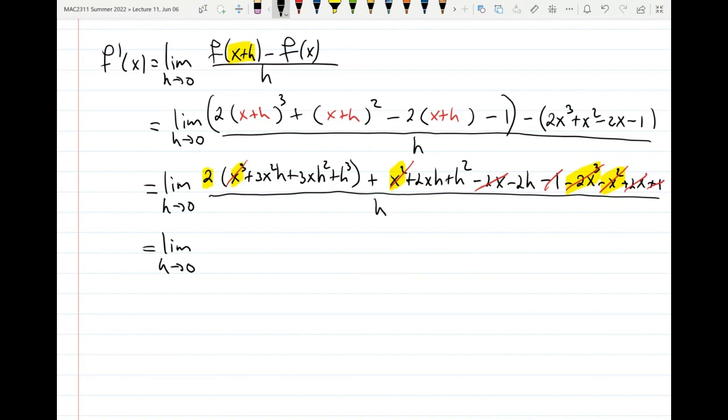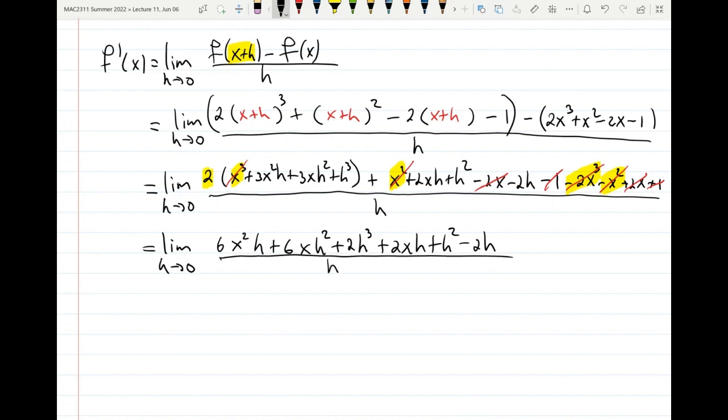After I distribute the 2, I'm going to have 6x squared h plus 6x h squared plus 2h cubed, then plus 2xh plus h squared minus 2h. Everything at the end was cancelled, over h. Everybody okay? This is what survives in the top after doing all the cancellations.